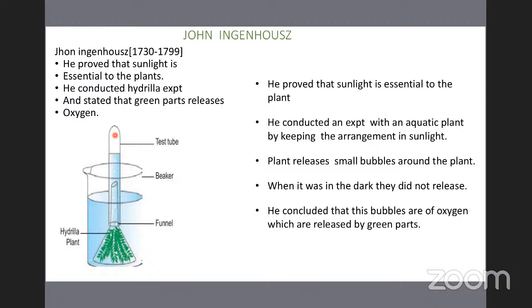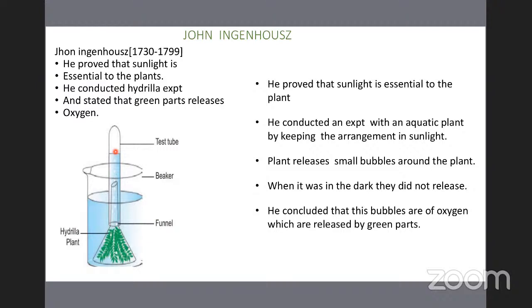So in the form of bubbles, that air enters on the top of the test tube, and that gaseous oxygen shows pressure on the surface of the water to occupy the place. The oxygen in the bubbles shows pressure on the top of the water surface in the test tube.